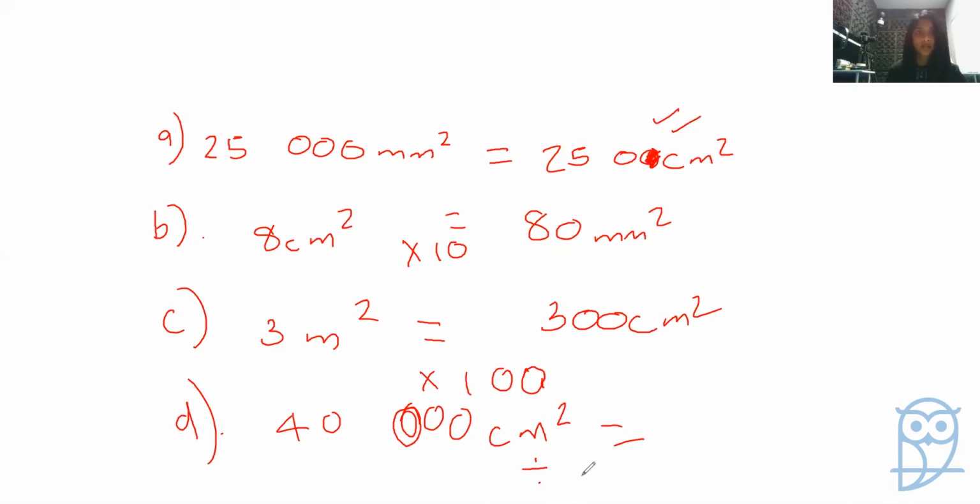I will be dividing by 10,000. Yes? So my answer therefore will be 4 meters square. Okay, so now that we have a little bit better understanding of our conversions and how we're converting one to the other, thank you for paying attention, for those that were concentrating on what I was doing.